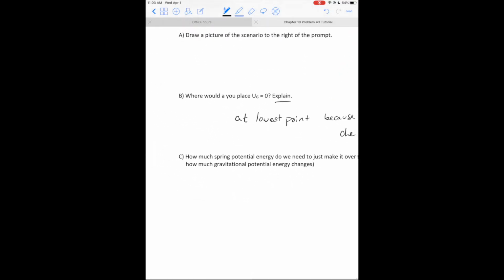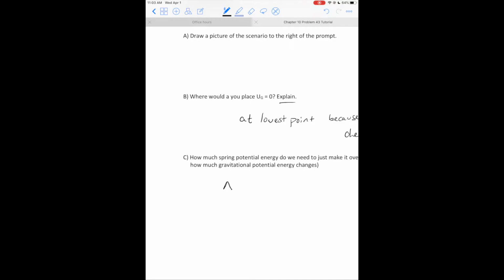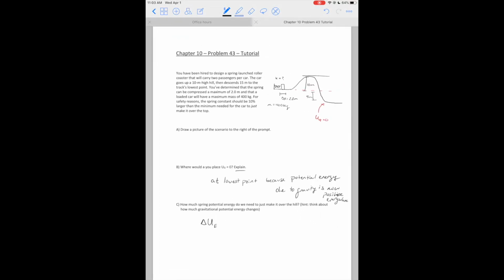So let's think about that, right? Our spring potential, let's call that delta UE for elastic. The change in spring potential here has to give us some kinetic energy. The kinetic energy at this point has to fuel us going all the way up the ramp to our point here where we have maximum gravitational potential energy.